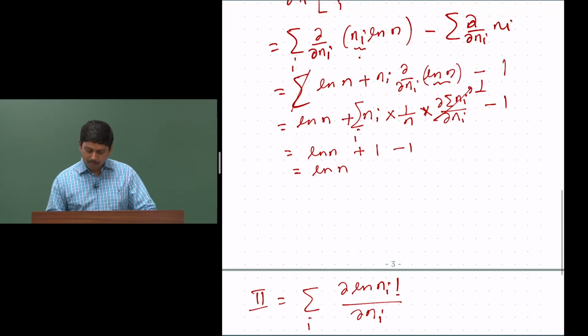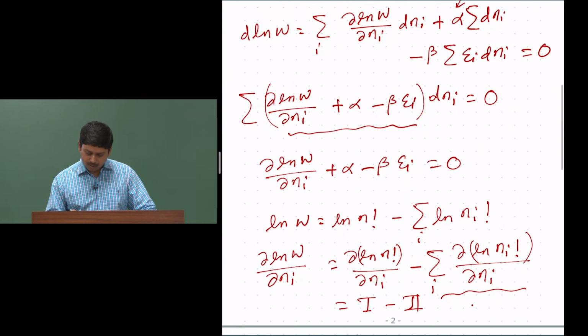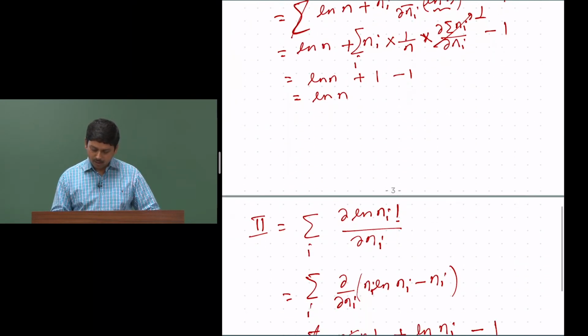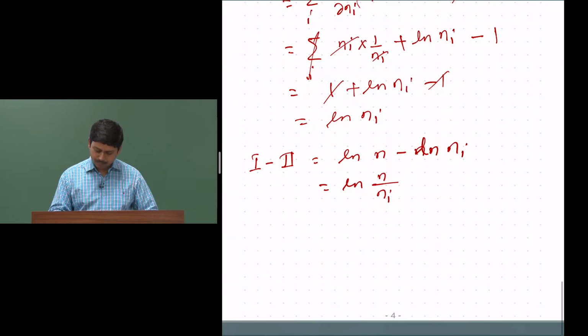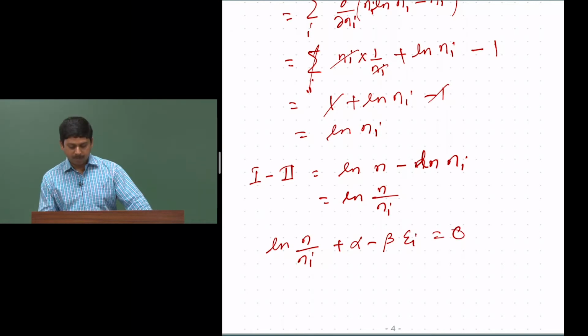Now, when I combine that with the other terms coming from the earlier equation, let us call it equation 1. Plugging that into equation 1, we got ln N by n_i plus alpha minus beta E_i, which is going to be 0.